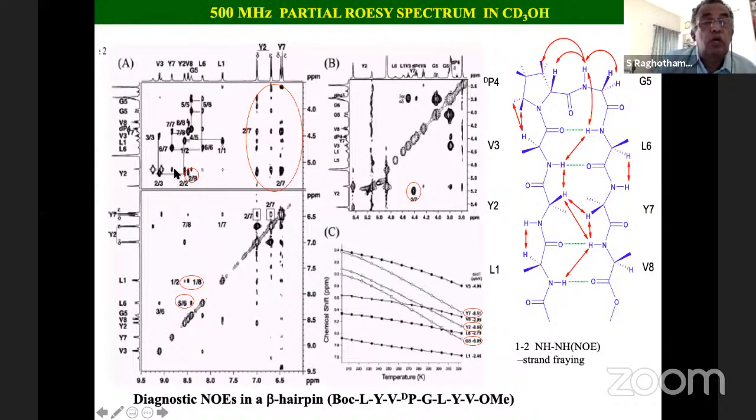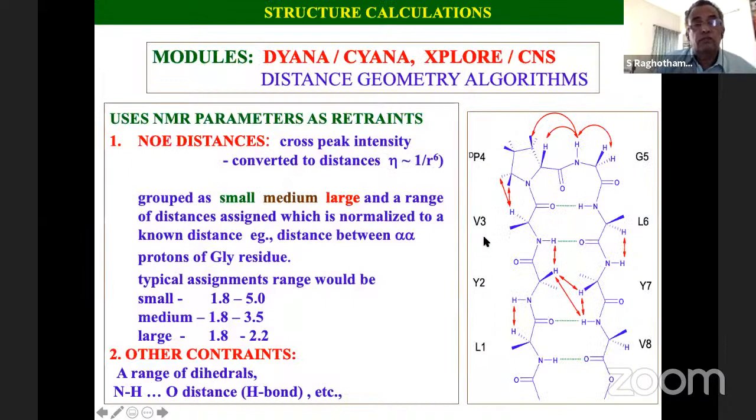And now once you look at this, these intensities differ. If they are close by, you get bigger intensities. If it is far away, up to 5 angstrom, you get smaller intensities. And this is the hydrogen bond information. And once you get all this information, you can convert these intensities to distances. So you can crudely consider that if there's a very strong peak, you can constrain your distance.